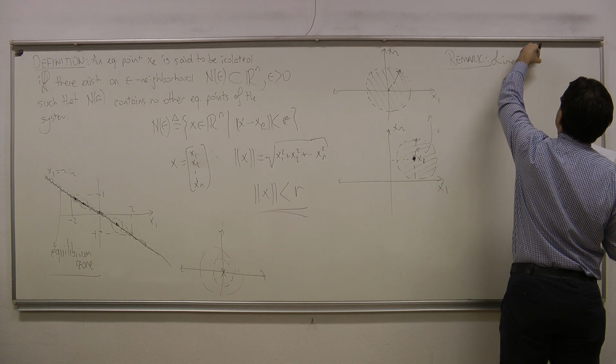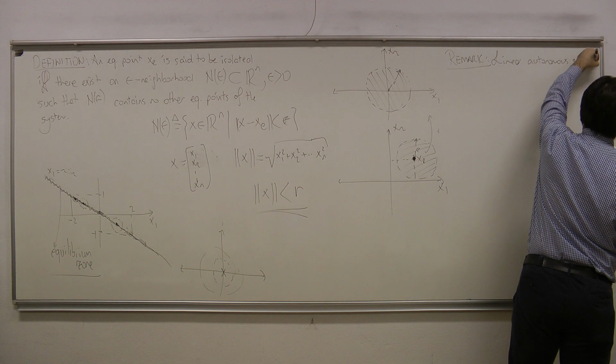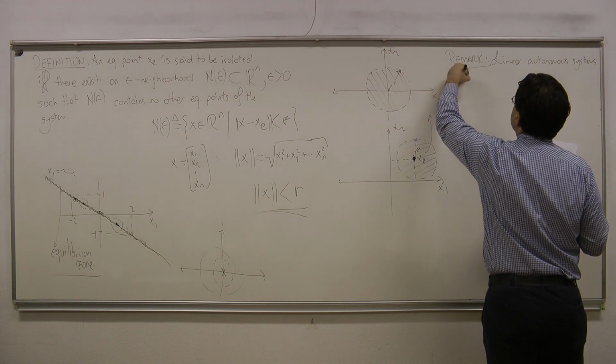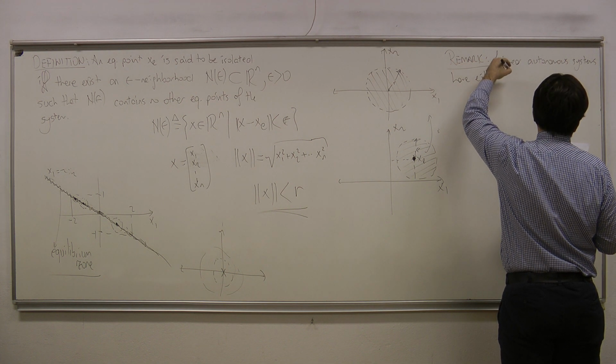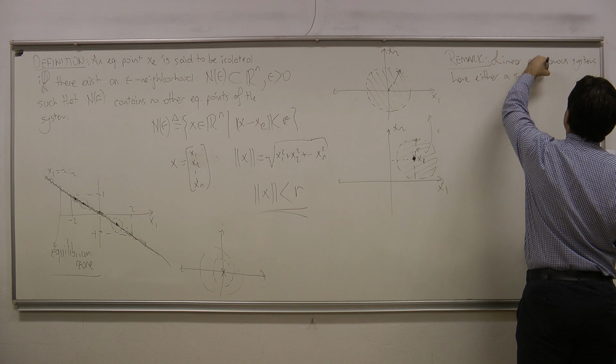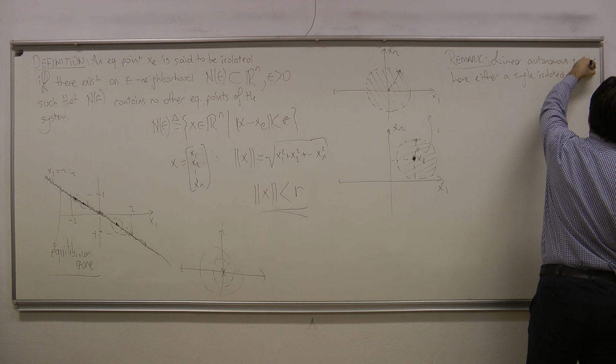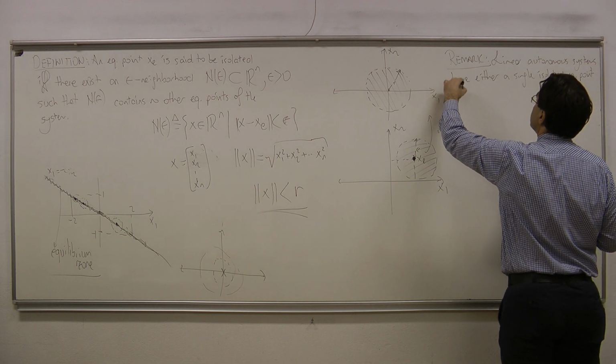Linear autonomous systems have either a single isolated equilibrium point at the origin.